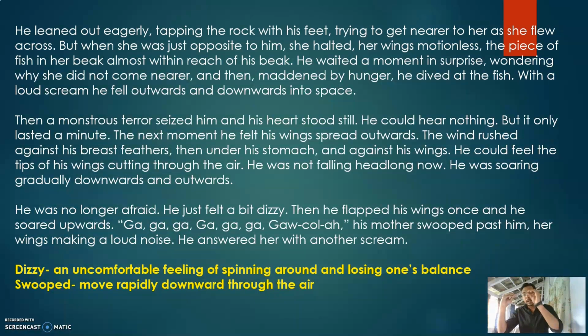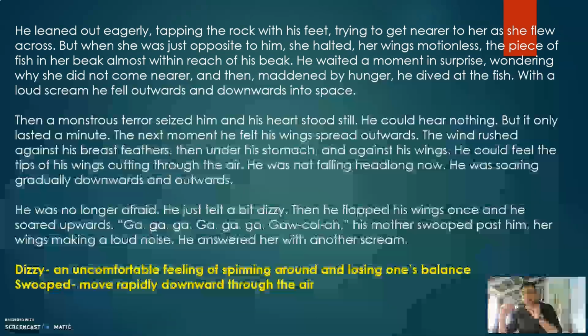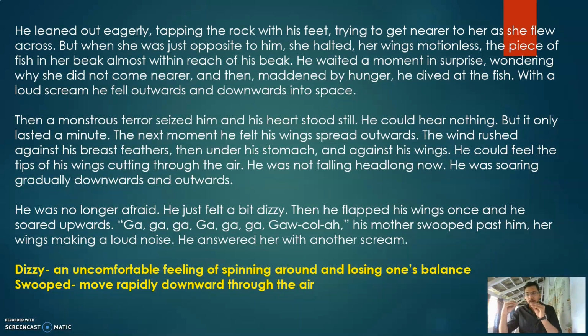She is holding that piece of fish in her mouth and she is flying a few centimeters away from the seagull. She is trying to lure the seagull towards the food. The seagull cannot grab the food because there is some distance between mother and the seagull, and between them there is the gap, the end of the ledge.